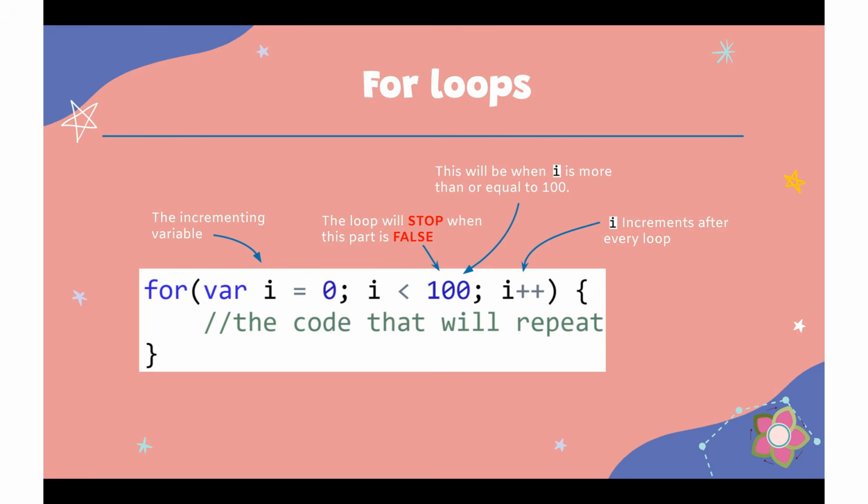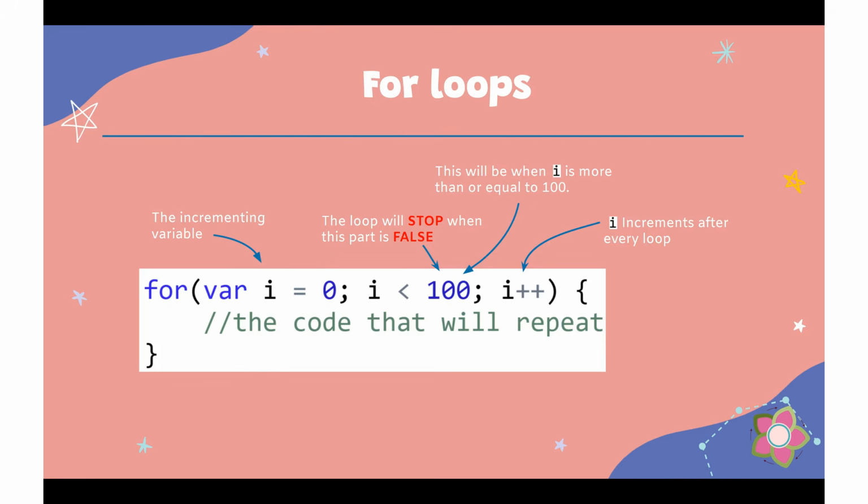In this case, the incrementing variable i cannot exceed 99, or pretty much it can't be equal to or more than 100. You can change this number to any value, and you can set the incrementing variable to start at any value. It doesn't just have to be 0 or 100. And then lastly, we do the incrementing variable plus plus, which means it adds 1 every single time the loop repeats.